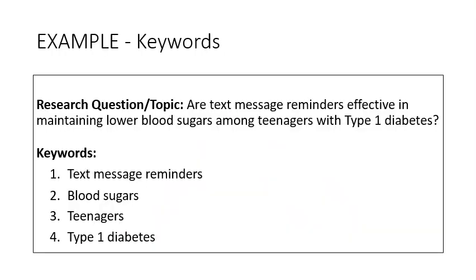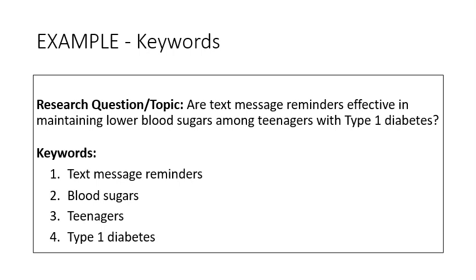So this might be a little bit confusing. So here are a few slides to give you some examples. If your research question or topic is, are text message reminders effective in maintaining lower blood sugars among teenagers with type 1 diabetes? Some of the keywords that you might pull from that research question are text message reminders, blood sugars, teenagers, type 1 diabetes.